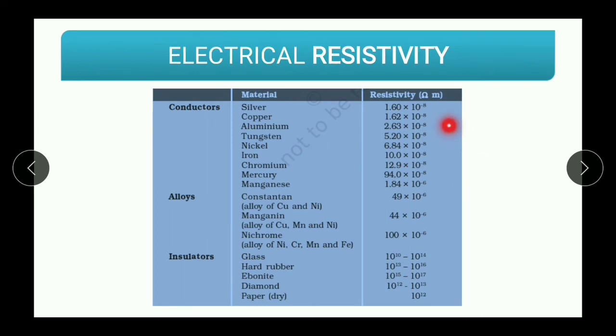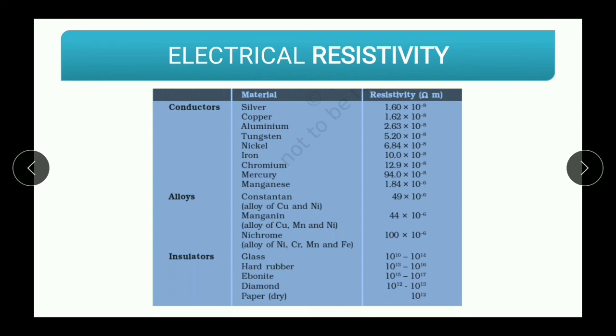Starting from there, it goes on increasing, and for manganese it is 1.84 into 10 raised to minus 6. So resistivity goes on increasing starting from silver.